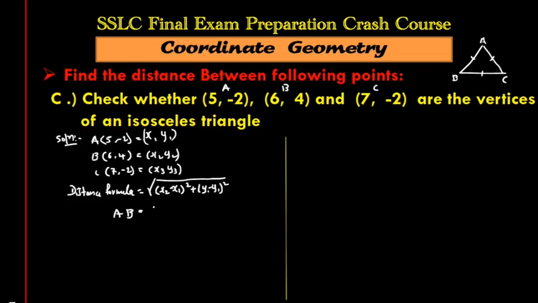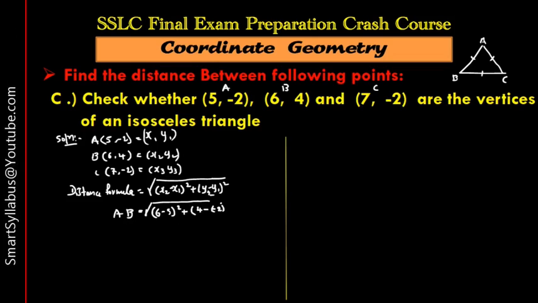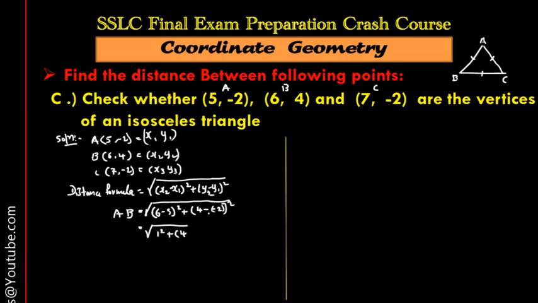So AB equal to, now for AB, x1 and x2 are there. Just substitute the values of x1 and x2. Square root of x2 which is 6 minus x1 which is 5, the square, plus y2 which is 4 minus y1 which is minus 2, the whole square. That's equal to the square root of 6 minus 5, it's 1 square, plus 4 as it is, minus into minus, 6 plus 2 the square.